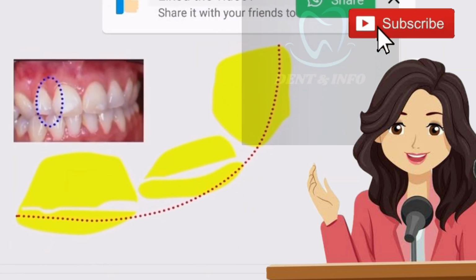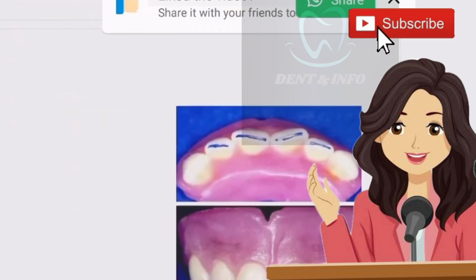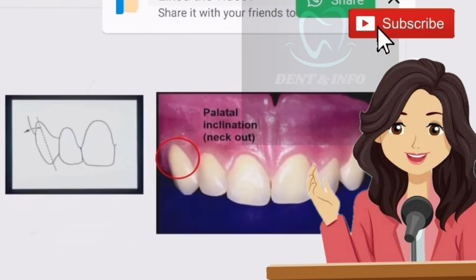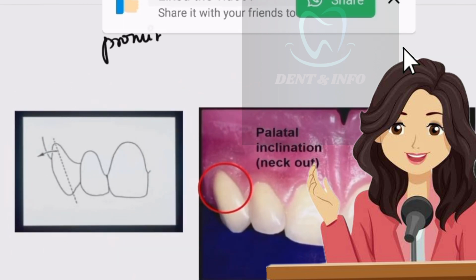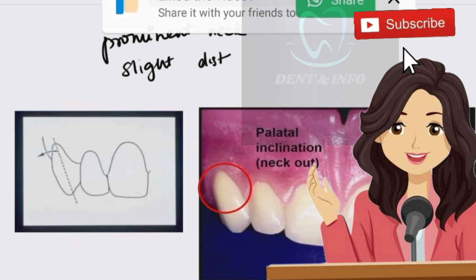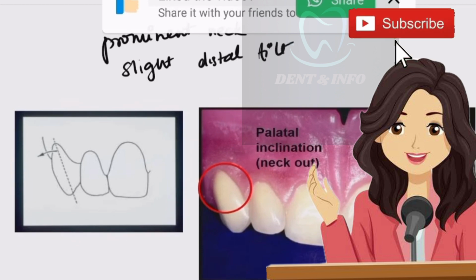And if you look at the canines in general, what is with the canines? You have a prominent neck and a slight distal tilt. So very prominent neck, it is actually the most prominent tooth in the arch.